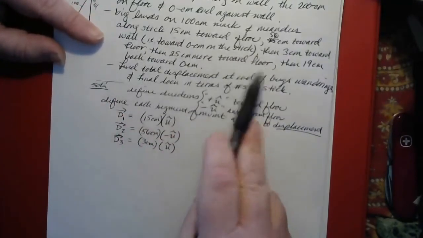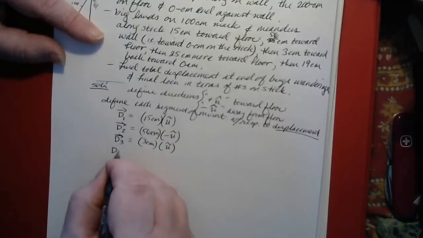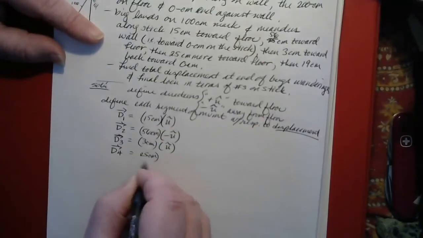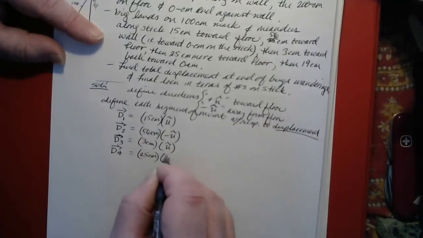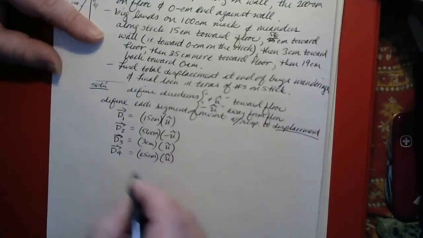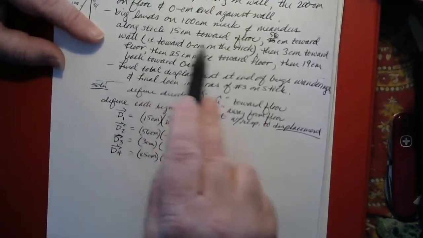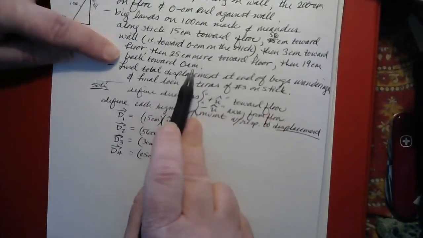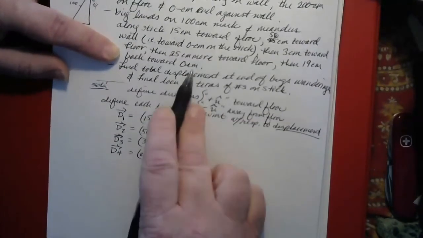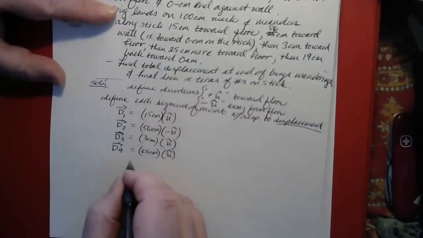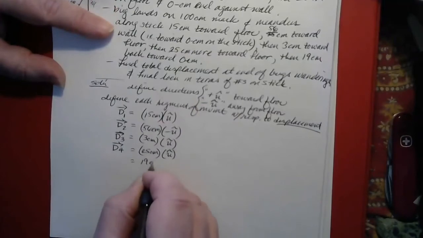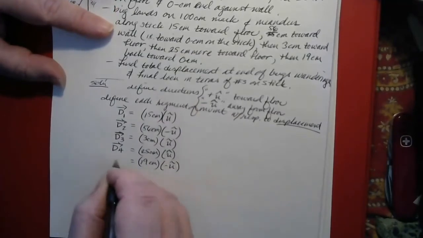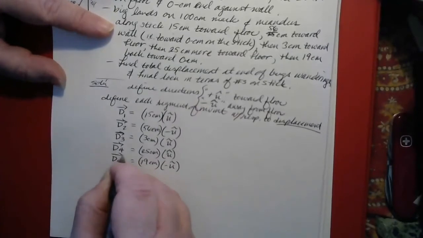Then 25 centimeters more toward the floor. So that's 25 centimeters times the unit vector. Then 19 centimeters back up the stick away from the floor toward the 0 centimeter mark. So that's D5.